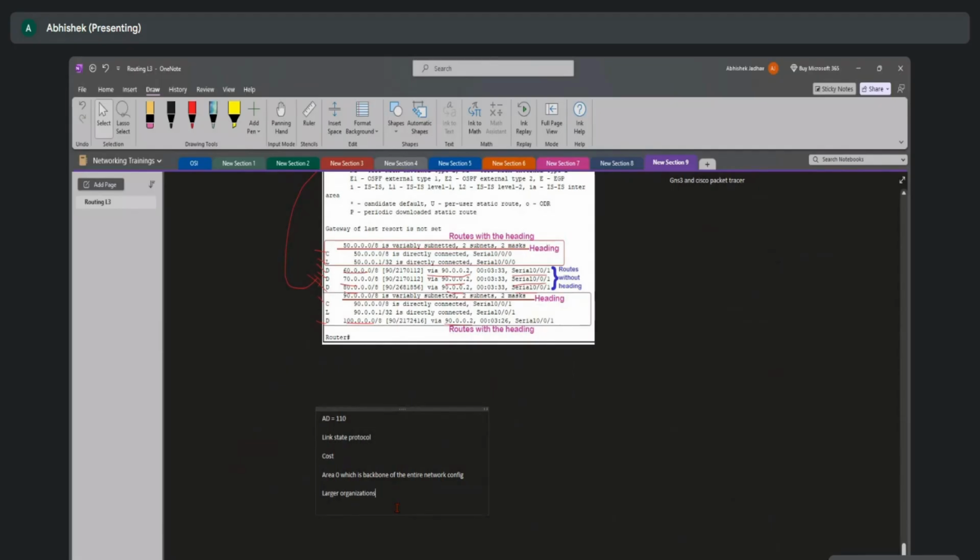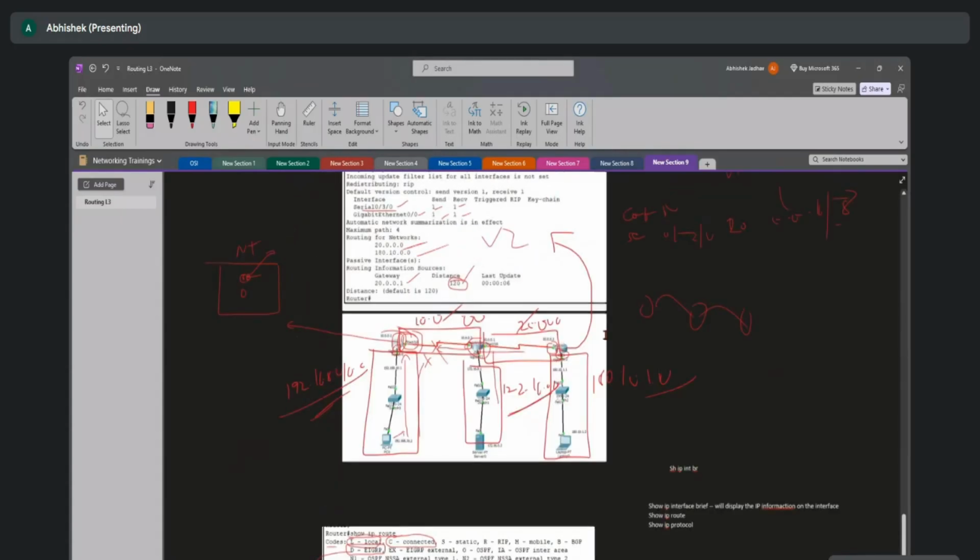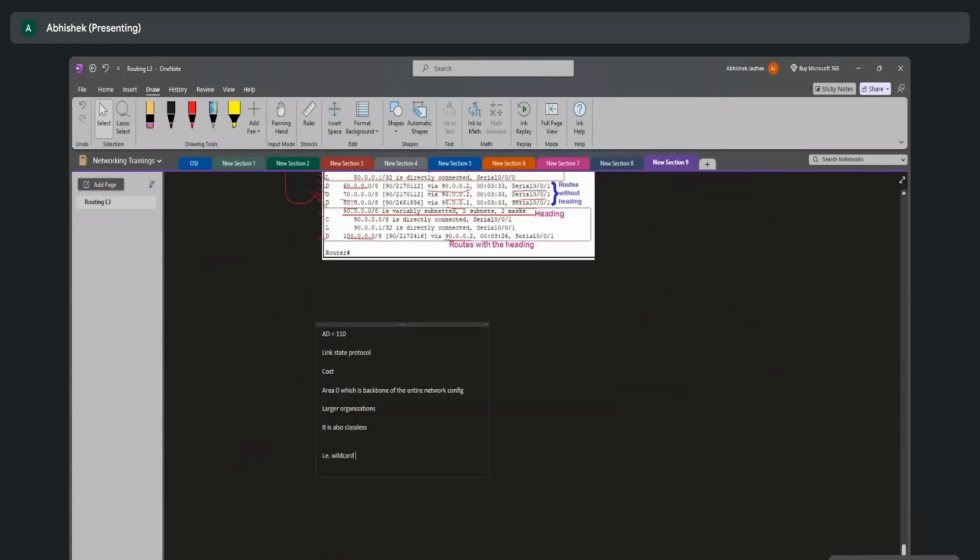Now, it is also classless. That means it is used with a wildcard mask. So when you're configuring OSPF on the router, you will be using a wildcard mask for sure.